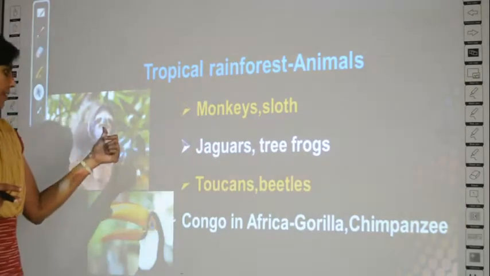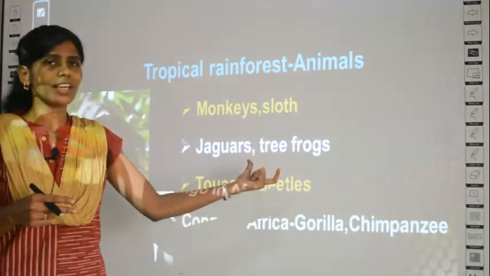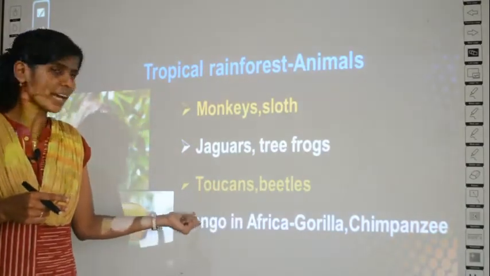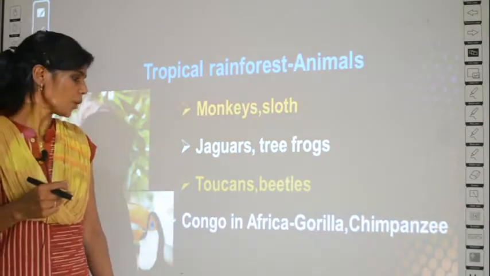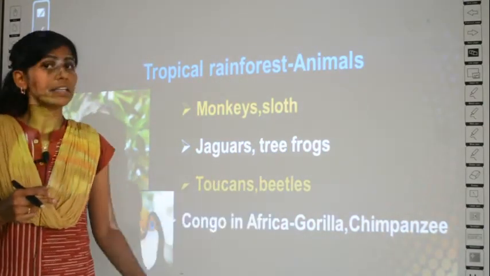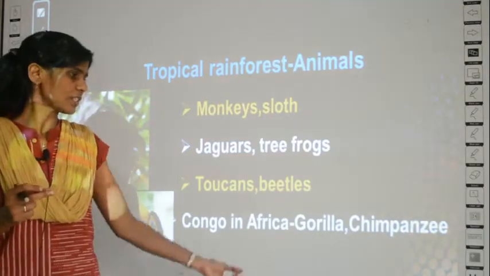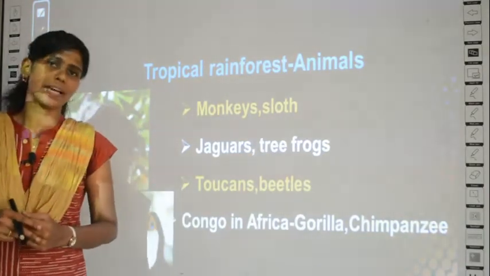Monkeys, the sloth, jaguars, tree frogs, toucans, which is this bird, beetles, and also in Congo in the African forest, which is a tropical rainforest, there are many gorilla and chimpanzees.